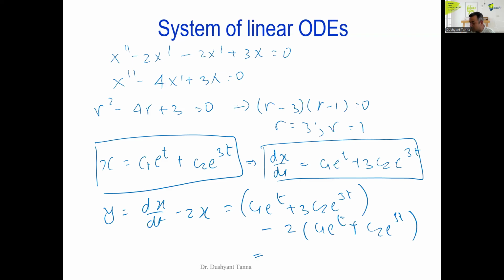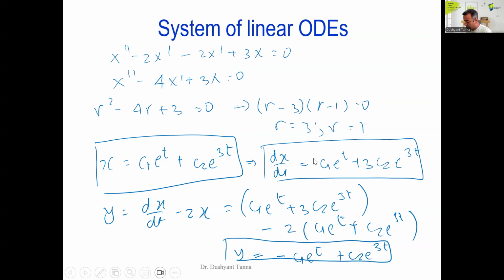So that will be minus c1 e raised to t, and 3c2 minus 2c2, so that will be plus c2 e raised to 3t. So that's your y, right? We are not done yet because that's your x and y.